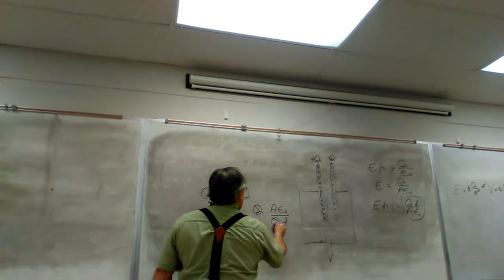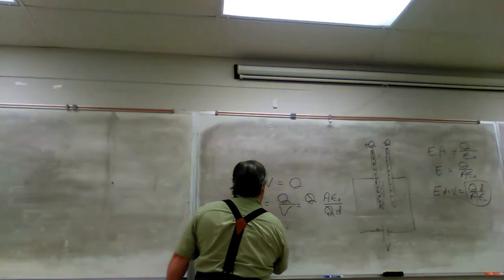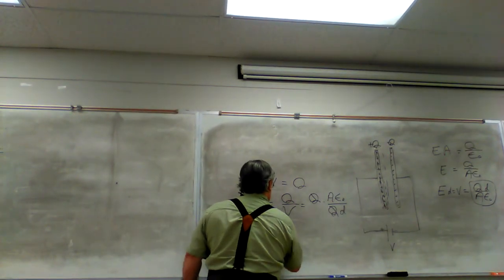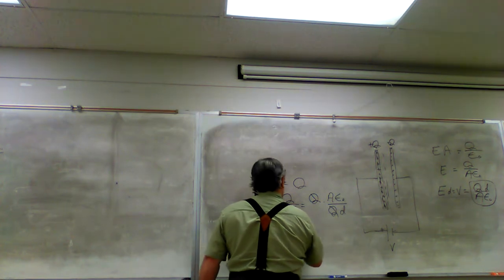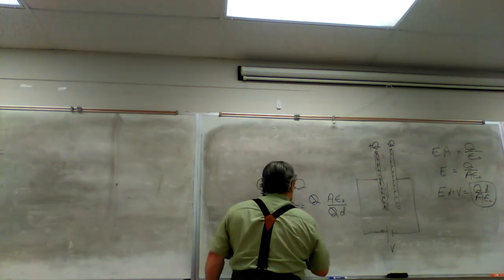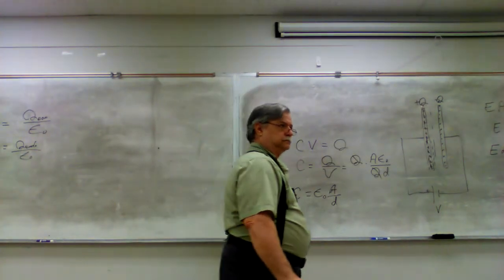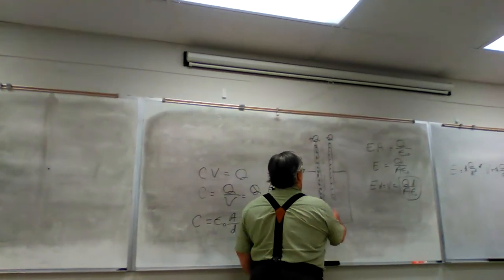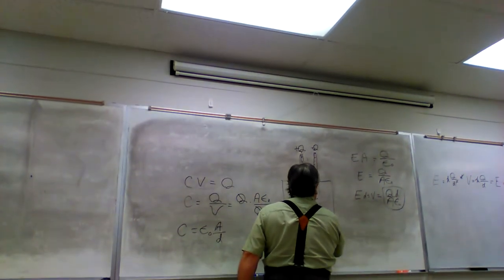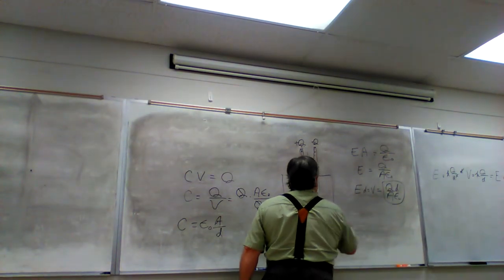And by putting the epsilon sub naught out front, I've got capacitance is equal to epsilon sub naught times area over distance. Or that is the distance.